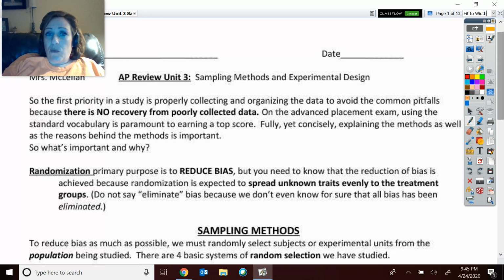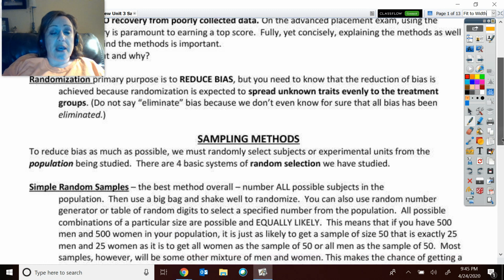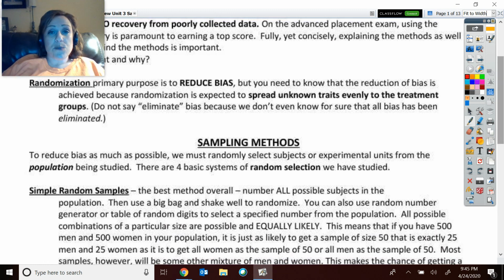All right, so one of the common things we've learned to help counteract that bias when we are trying to collect data from the population is random selection, or when we randomly assign to treatments. Now you guys know the song very well, to randomize, to reduce bias, but please do not miss out on this part of the explanation.